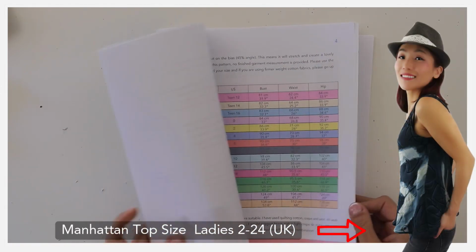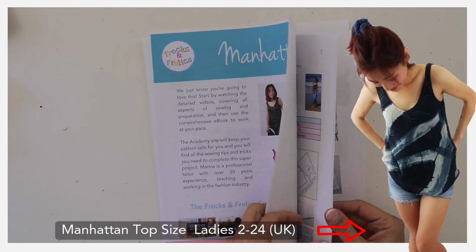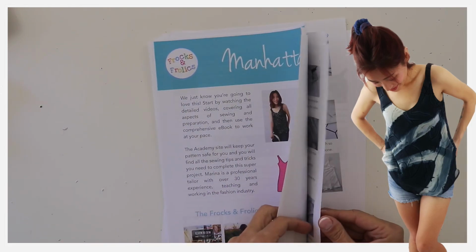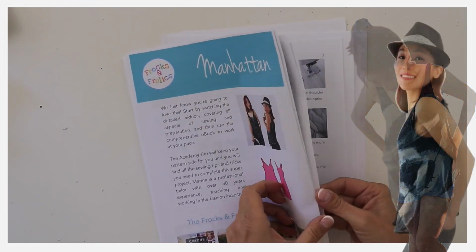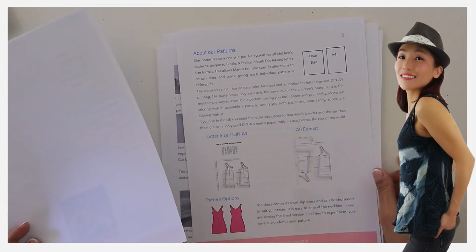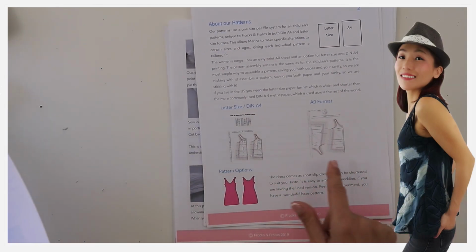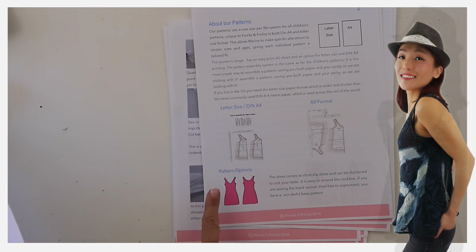I've got a ton of charts in there as well, so you can see everything close up, how it's done. And of course you get it for the lady stuff in A0 as well. So you've got your pattern which you can print out on your printer, but you could also go to a shop and then print it out in A0. So they are very accessible patterns. So that was just ringing my own bell.